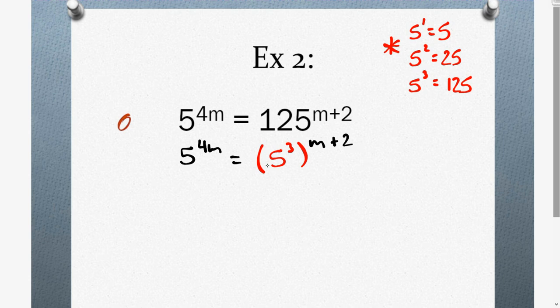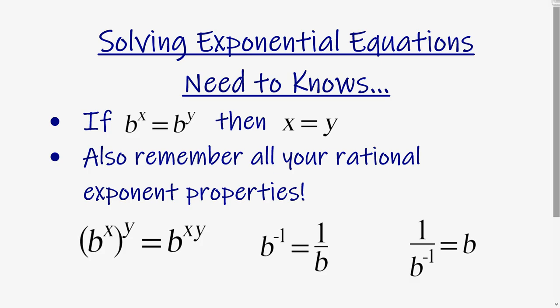So now, do I have a common base? I sure do. And I just have to use that power of a power property. Essentially what that ends up doing is saying that this 3 is going to need to get distributed, because we're multiplying, right? We go back and look at that rule: b to the x raised to the y is b to the x times y.